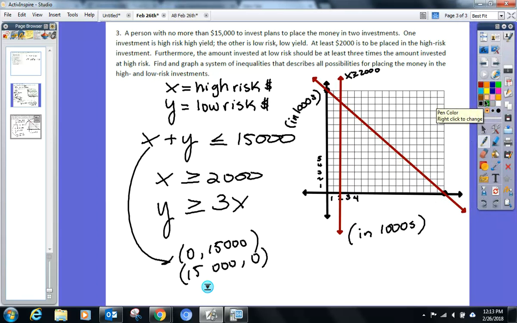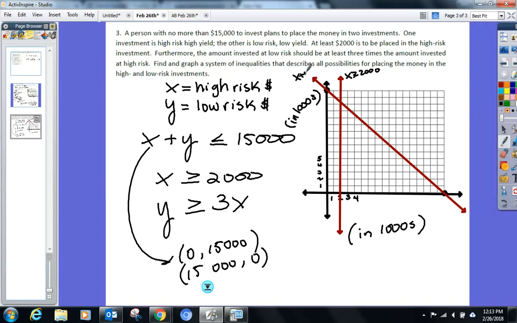And again, label that line right there. Okay, everyone all good so far before we get to this last one? Everyone got the 2 lines?